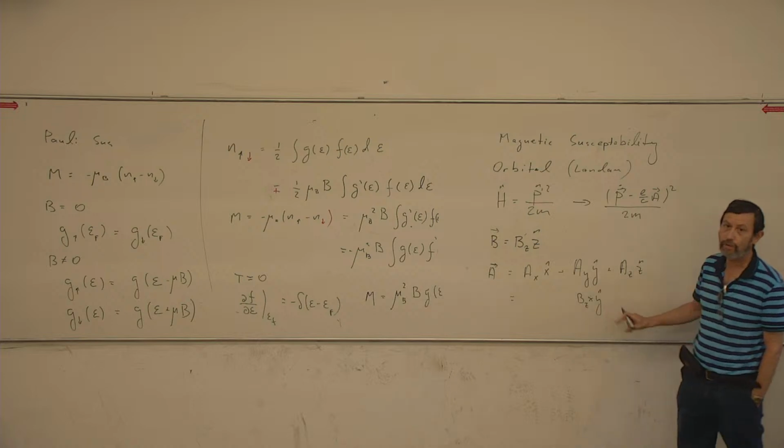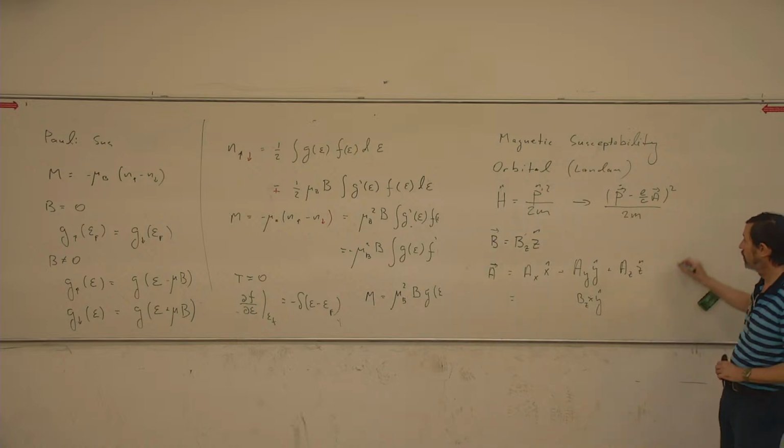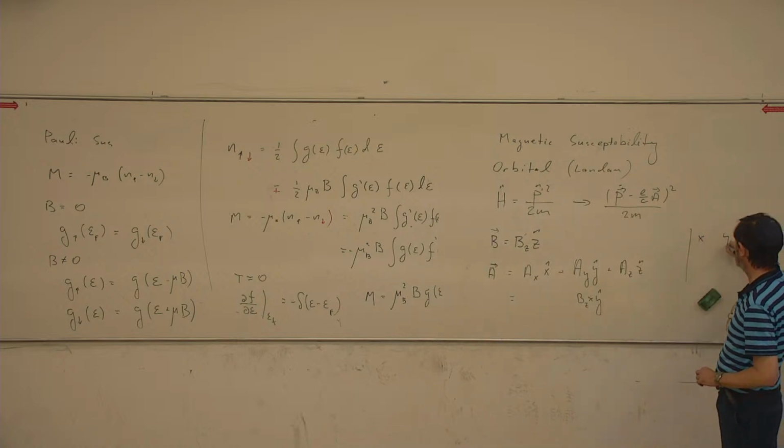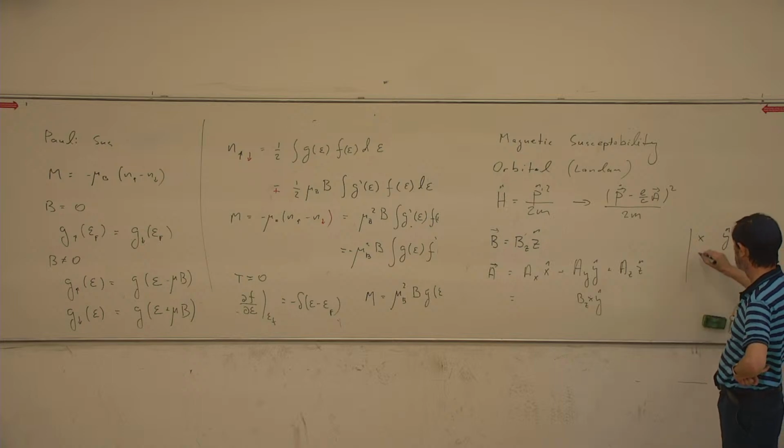I'm choosing only A_y equal to something, and A_x and A_z are equal to 0. Why? Because I can. Remember x, y, z.